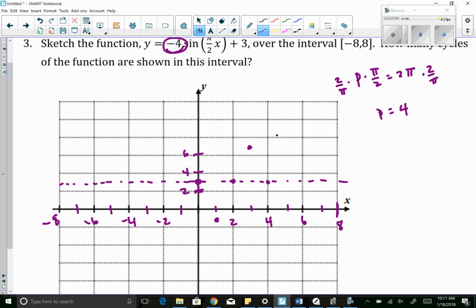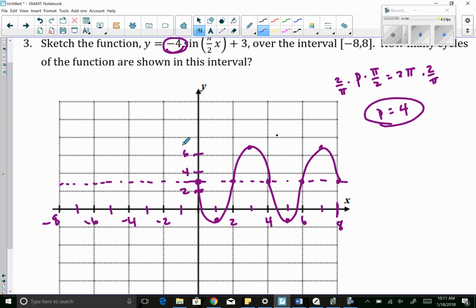So after 4, I see one full cycle of the sine curve because the period was 4. I then have to duplicate that because it asks me to graph all the way out to 8 and all the way out to -8.